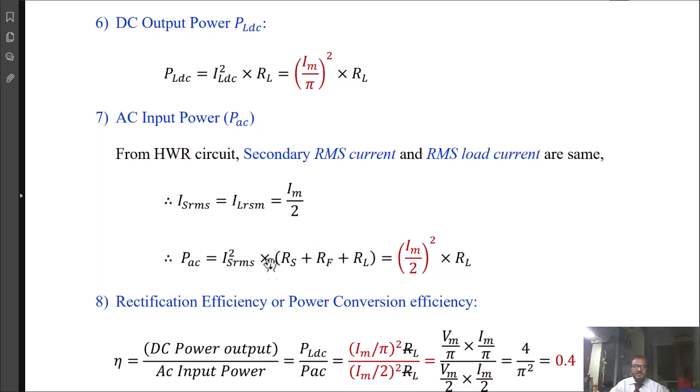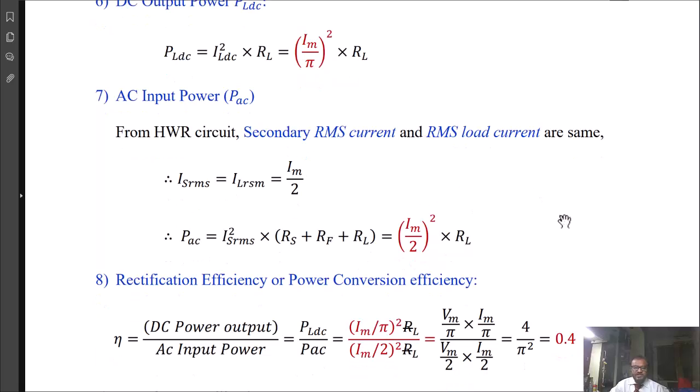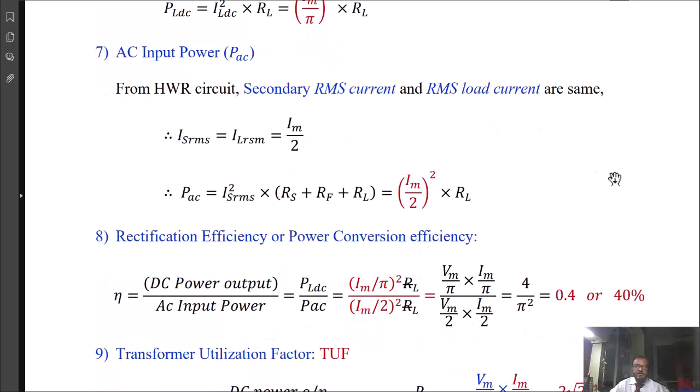In practice, since RS and RF are very low, the power loss across them is very small, and therefore it is approximately equal to IS RMS square into RL. We substitute the value of IS RMS as Im by 2, since the same current is flowing from the secondary during the positive half cycle. Therefore, AC power PAC is given by approximately (Im by 2) square into RL.